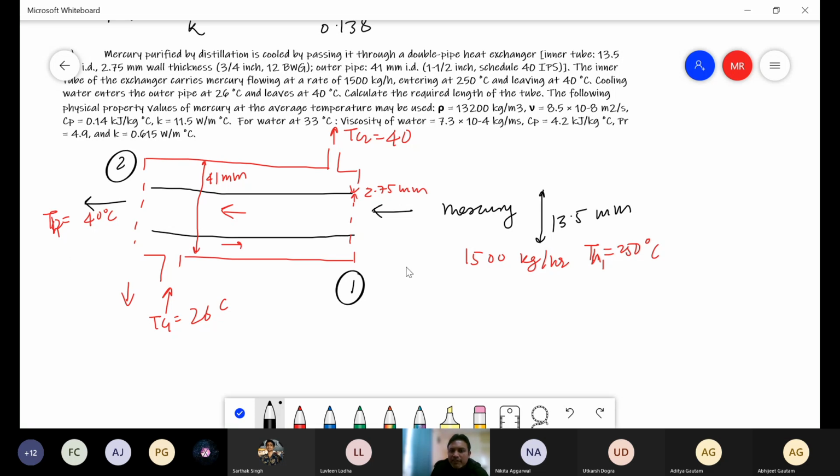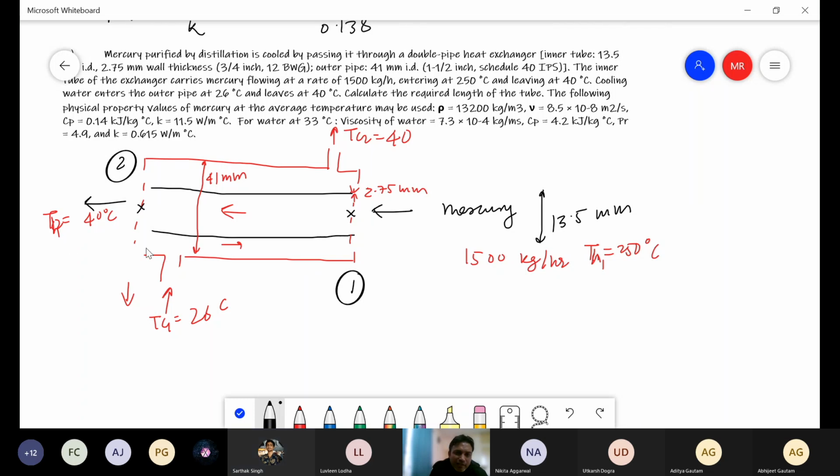Whatever the temperatures at location 1 and location 2, the heat transfer between these two points I can directly get by looking at the sensible heat of the mercury. How much the temperature of the mercury is increased while traveling from location 1 to 2, that will be given as m Cp delta T. Do you all agree?